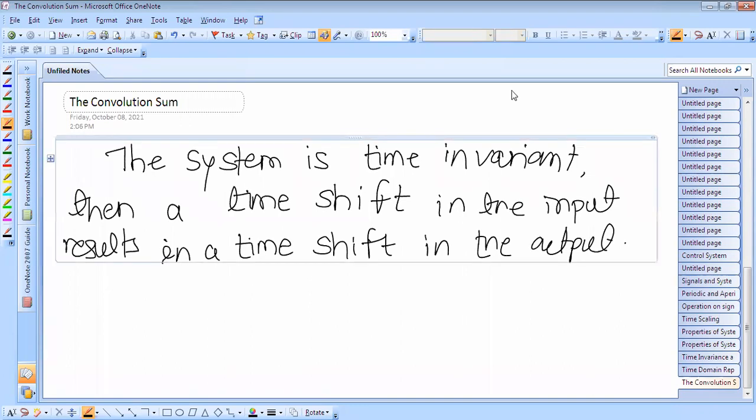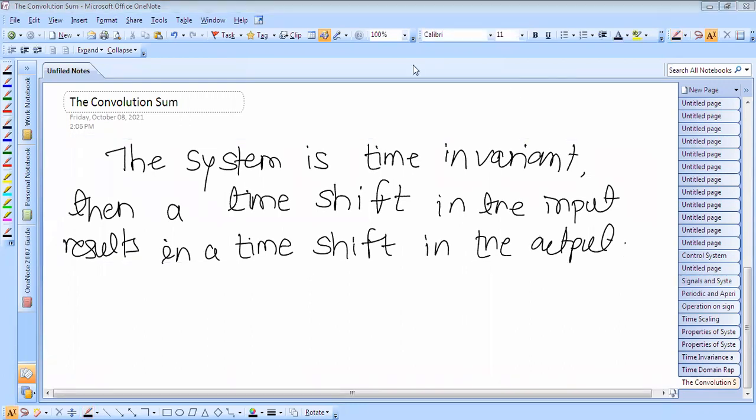So if the system is time invariant, then a time shift in the input results in the time shift in the output.